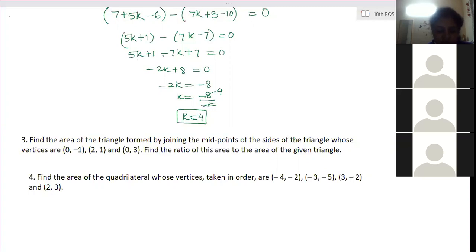I got it now. Okay, good. Ma'am, third one is 1:4, ma'am. Yes, it is 1 is to 4.